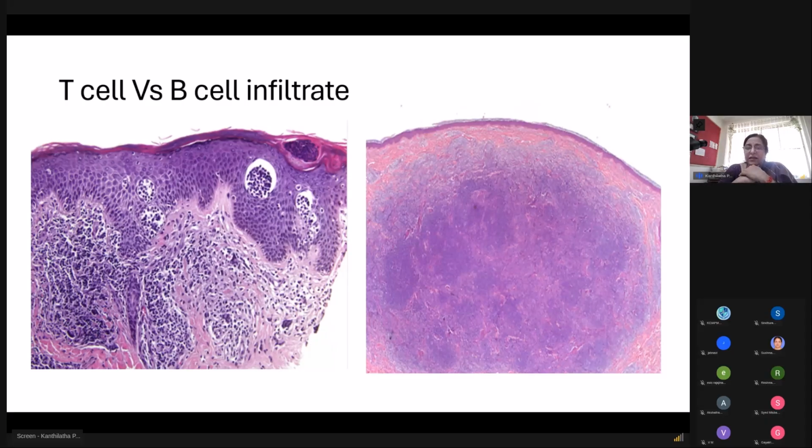Whereas on the right side is a B cell lesion, which is bottom heavy. You see a clear zone of collagen, a Grenz zone, separating the epidermis from the infiltrate, and you don't see epidermal infiltration or epidermotropism. That's the first thing when you see a lymphoid proliferative disorder in the skin, to decide whether it is T or B; these points are helpful.